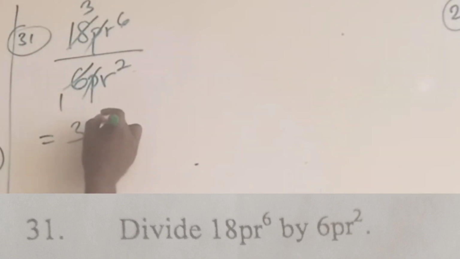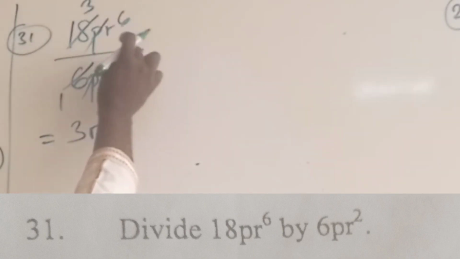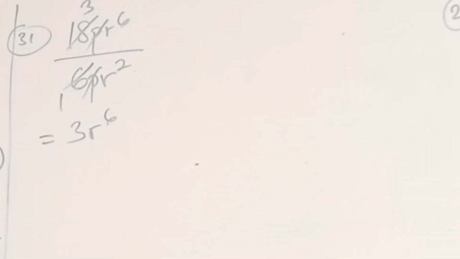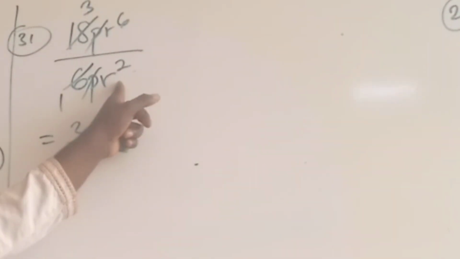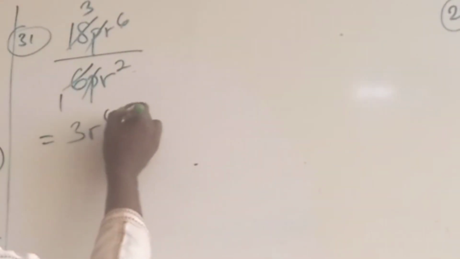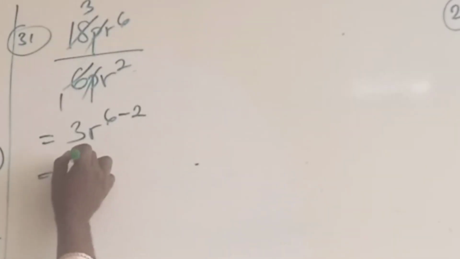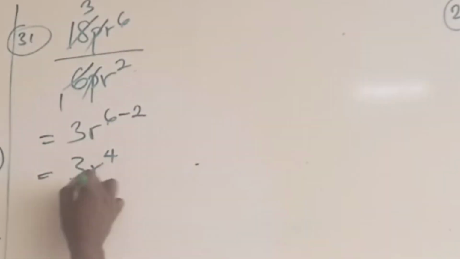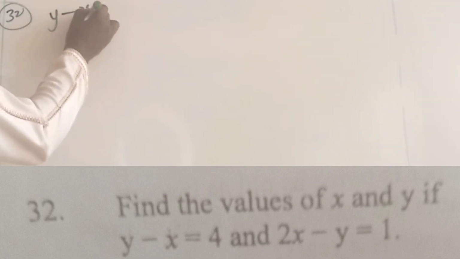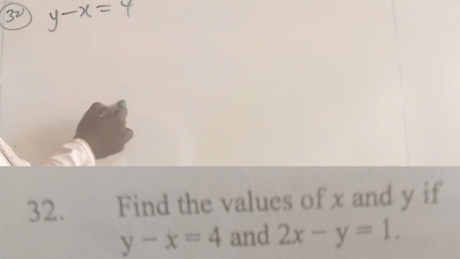This is R raised by 6. Because we have division, indices will come in here. We are dividing R6 divided by R2. That gives us R raised by 6 minus what? 2. That is 3R raised by what? 4. Answer.